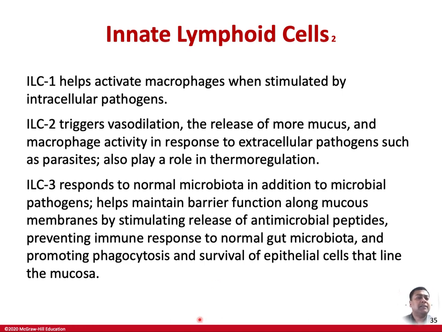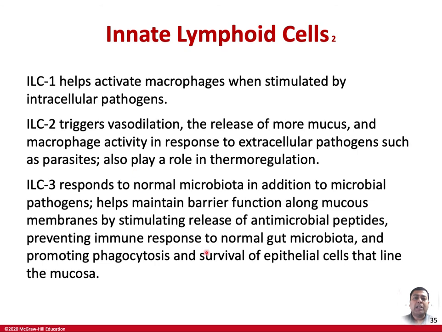The third one, ILC3, responds to the normal microbiota in addition to microbial pathogens and helps to maintain a barrier function along with the mucous membrane by stimulating release of antimicrobial peptides, preventing immune response to normal gut microbiota, and promoting phagocytosis and survival of epithelial cells that line the mucosa.